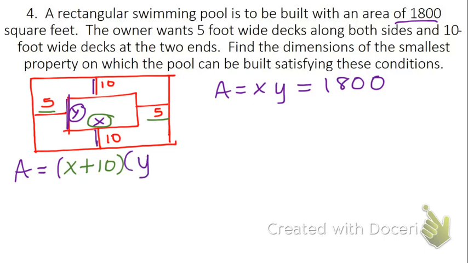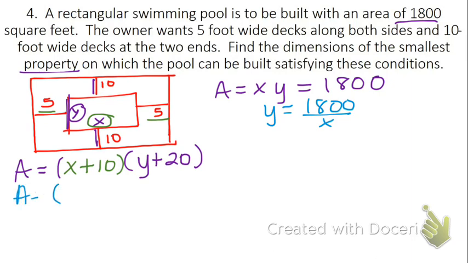So that would be Y plus 20. And that's the area of the entire property that it's asking me about. So this one's kind of different, but what you're going to do is still solve up here for either X or Y. It doesn't really matter. We're in the habit of solving for Y, so we'll just continue to do that. Alright, we plug it into this equation.